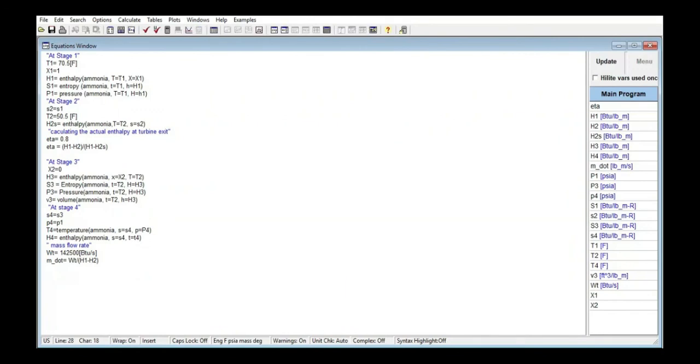Now we will calculate the heat in the system. So we will mention this as heat in. The formula for it will be Q in is equal to the mass flow rate which we have calculated, M dot, multiplied with H2 minus H4.